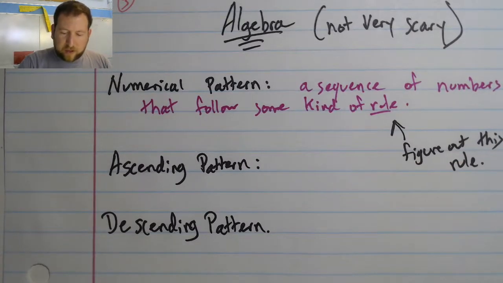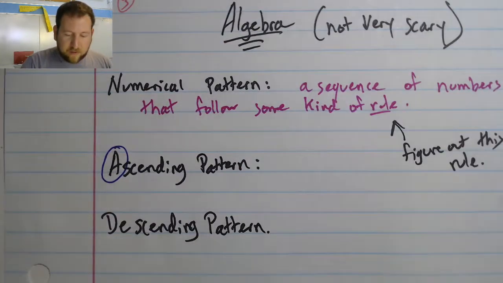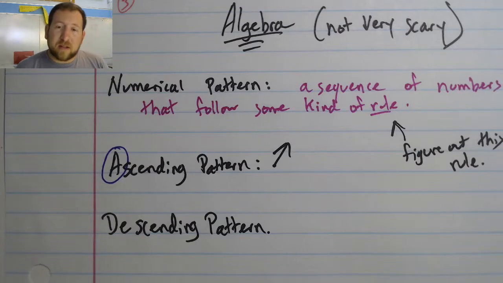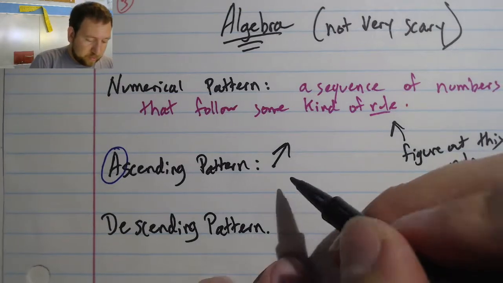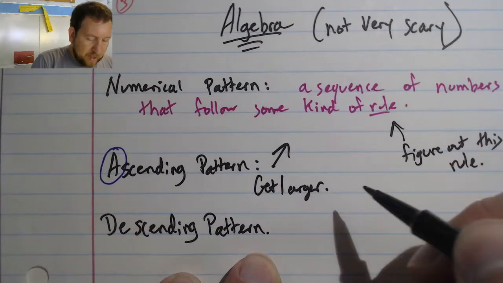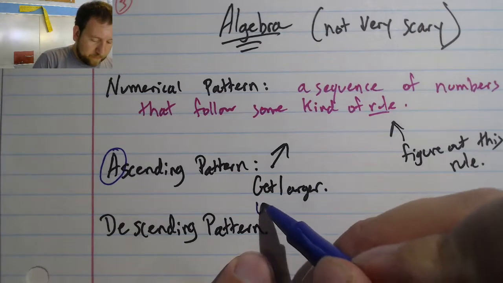Ascending, we can kind of look at this with this Greek root right here. And it kind of means going up, or in this direction. So an ascending pattern means a pattern that the numbers are going to be getting larger. And it usually means that we're going to be using multiplication or addition.